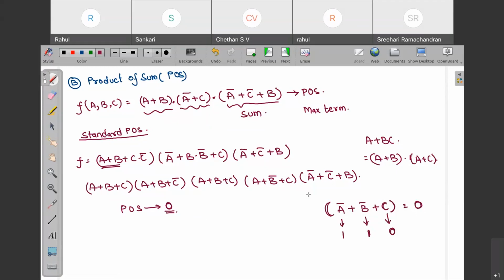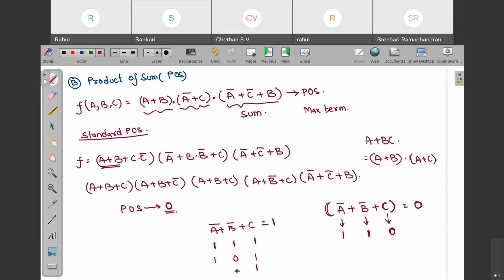Now if I change the question and ask you, when will this be equal to 1? There is no unique combination. Why? Suppose I take C equal to 1, B equal to 1, A equal to 1, you will get 1. If I take C equal to 1, B equal to 0, A equal to 1, still you will get 1.